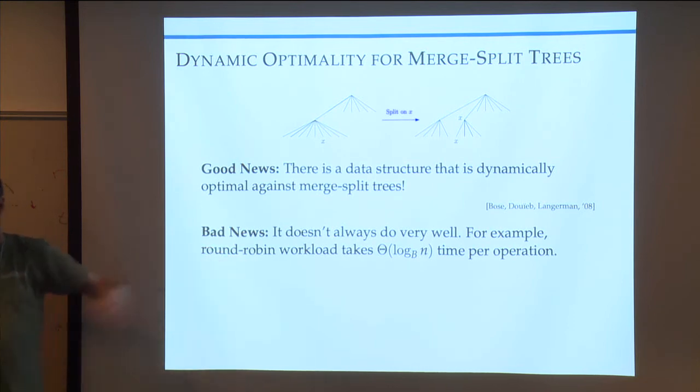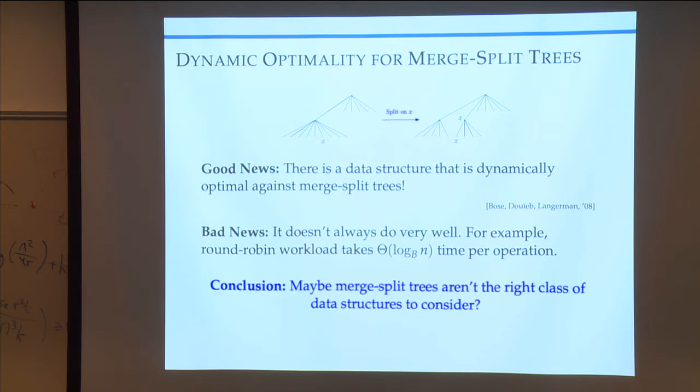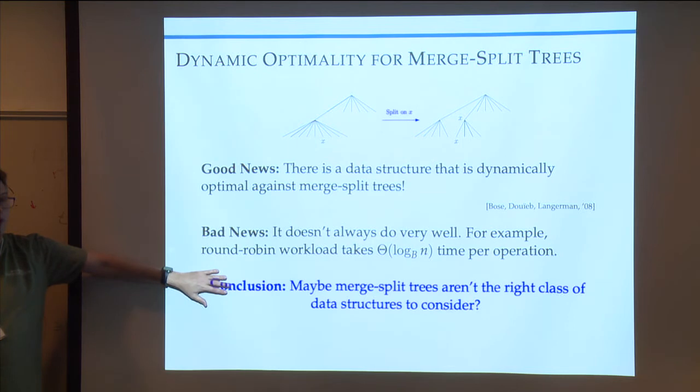If you're thinking about being instance optimal, this data structure is not very good at adapting to workloads. So the conclusion is maybe merge-split trees are just not the right data structure to consider when we're talking about dynamic optimality in external memory.